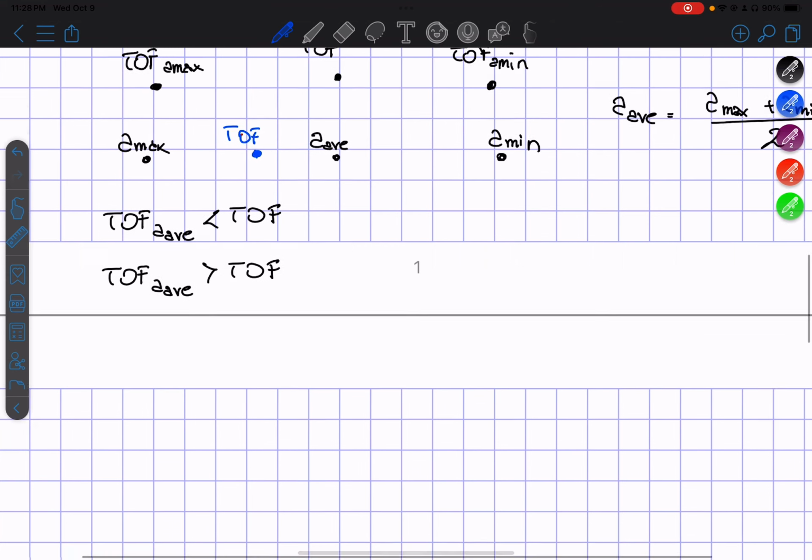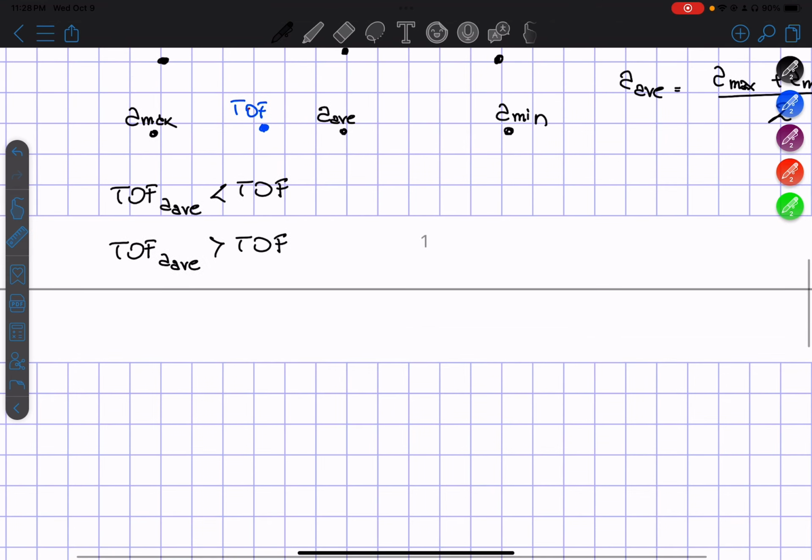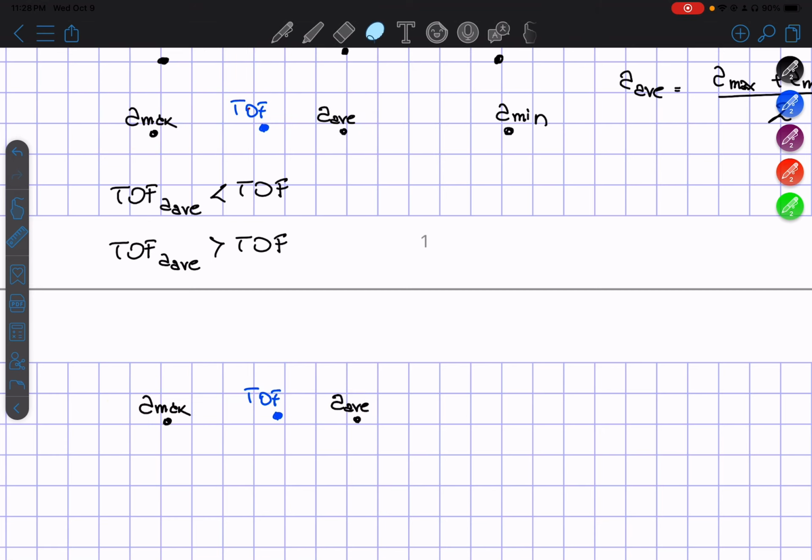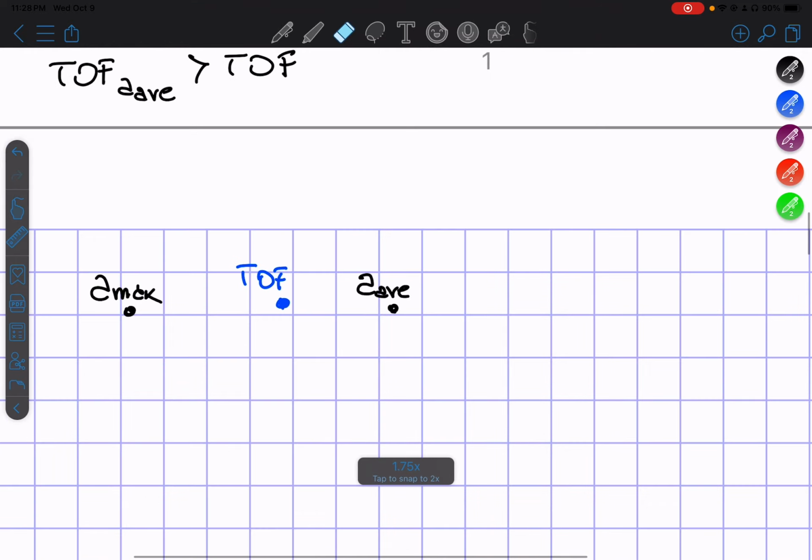So if it lies on this side, now what we have to do is define a new a average. The way it works is that we take these two, a max and a average, and then this a average ends up being an a min on this side, and we define a new a average on this side.